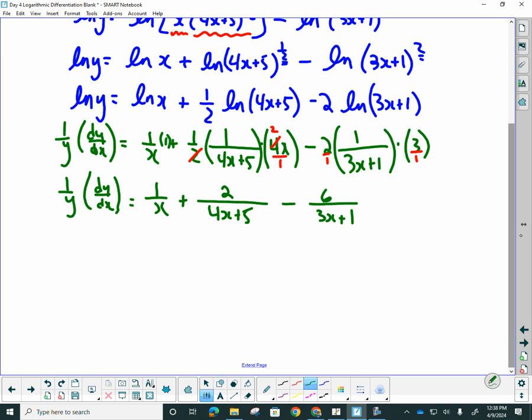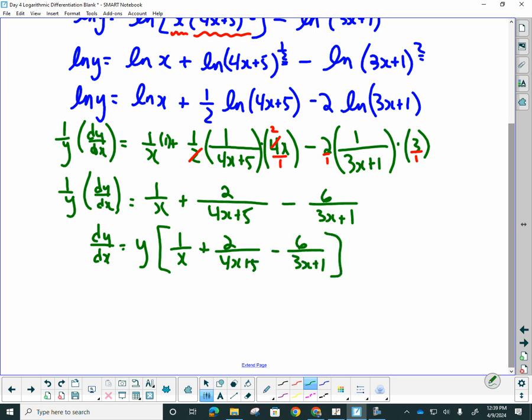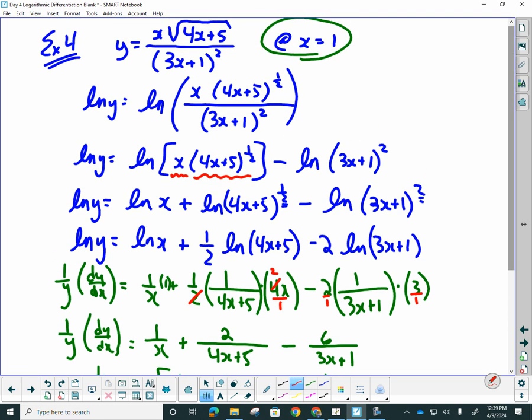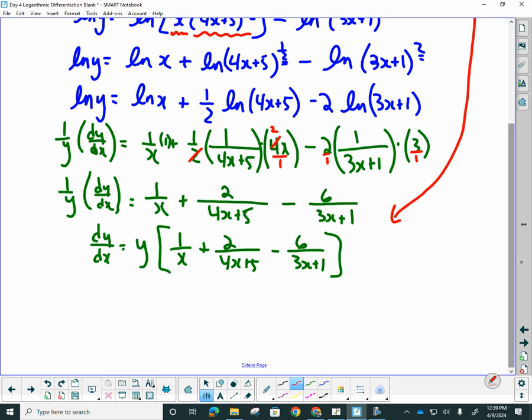So I'm not going to simplify there, but I can bring this 1 over y over and go y times 1 over x plus 2 over 4x plus 5, minus 6 over 3x plus 1. But now I'm going to sub in x equals 1.